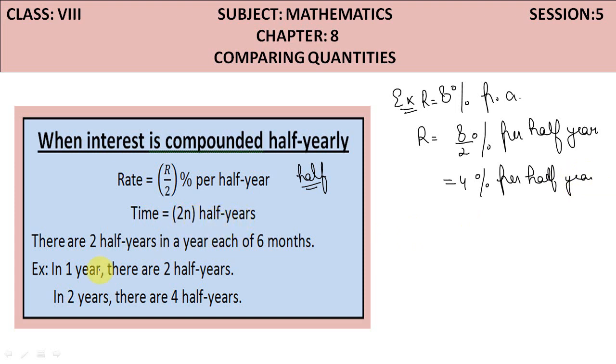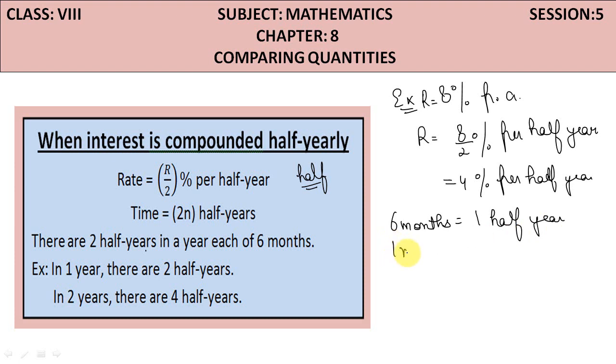2.5 years means there are 2 half years in a year. How many half years are there in one year? 2, because 1 year contains two 6 months. Right? In 6 months, how many half years will there be? 1 half year.